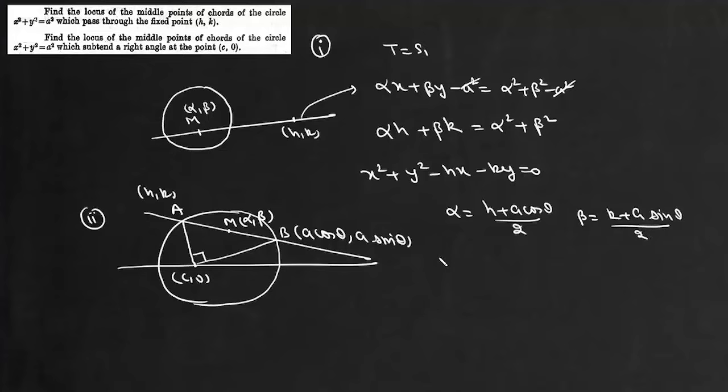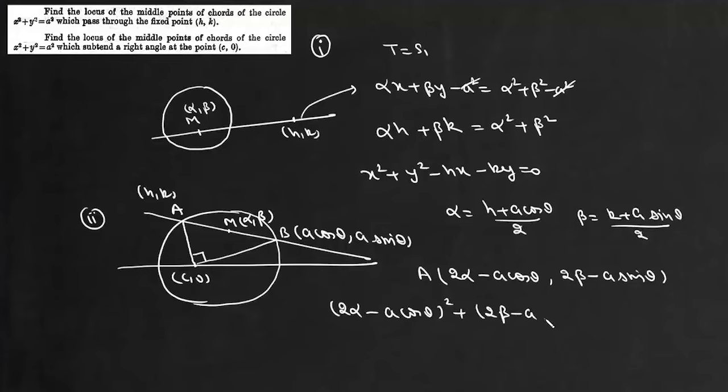So from here we write the coordinate of this point A as 2 alpha minus a cos theta and 2 beta minus a sin theta.